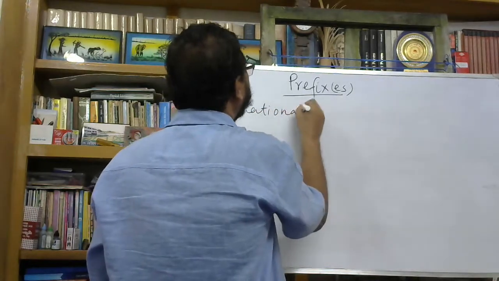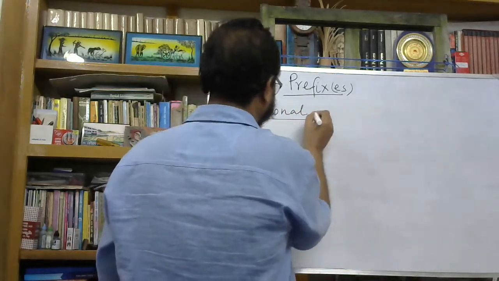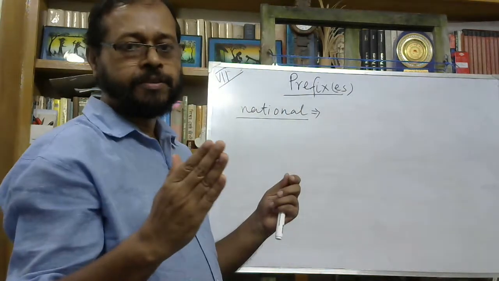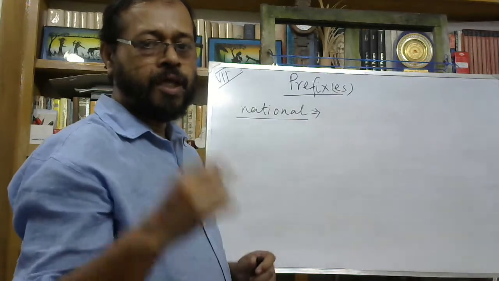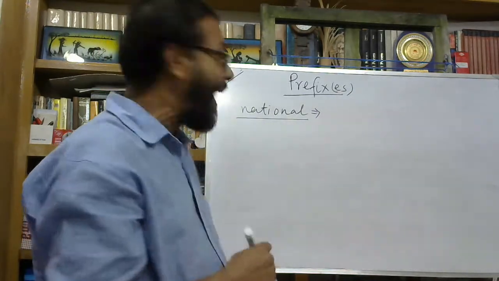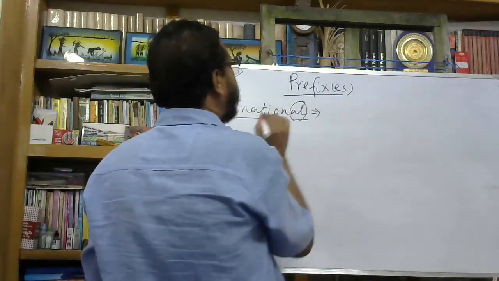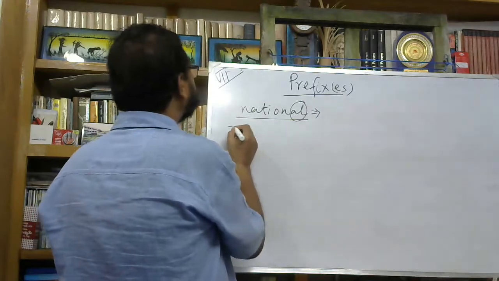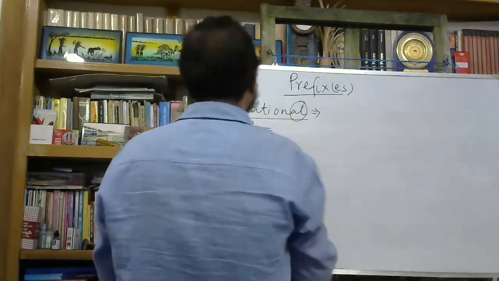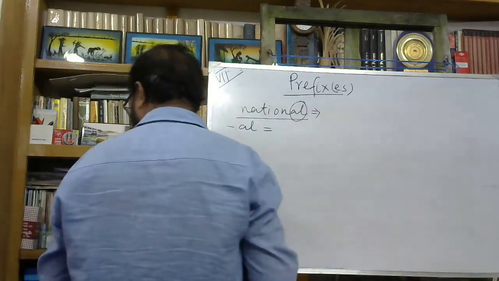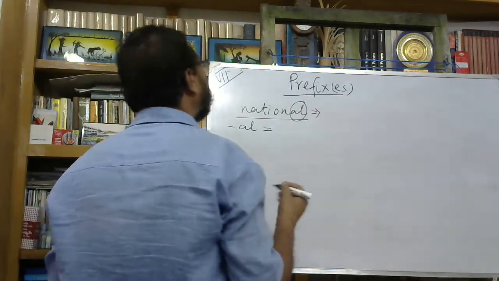National. If you can break the word into two, you will get the suffix. Yes, AL, because nation plus al, national. So AL is a suffix that is used very much.